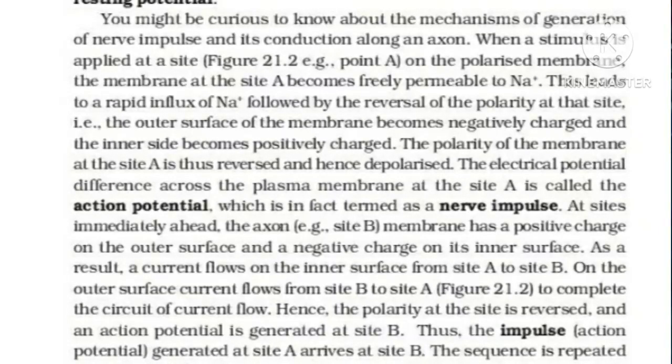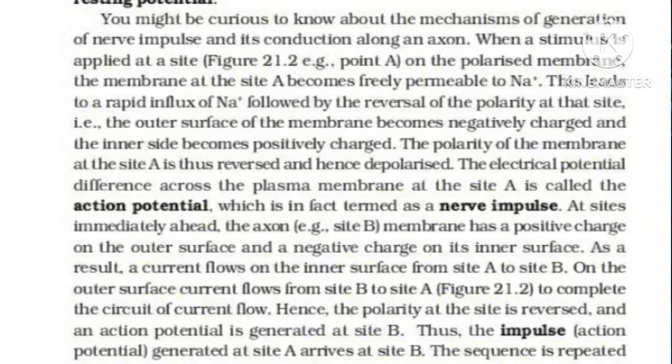This leads to a rapid influx of Na+ followed by the reversal of the polarity at that site. That is, the outer surface of the membrane becomes negatively charged and the inner side becomes positively charged. The polarity of the membrane at the site A is thus reversed and hence depolarized. The electrical potential difference across the plasma membrane at the site A is called action potential, which is in fact termed as a nerve impulse.